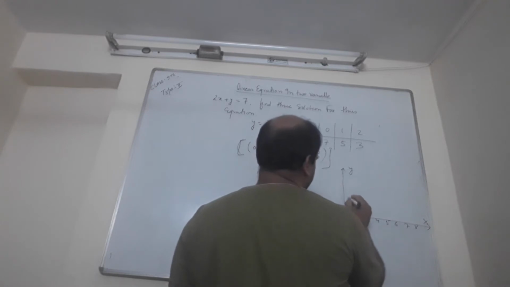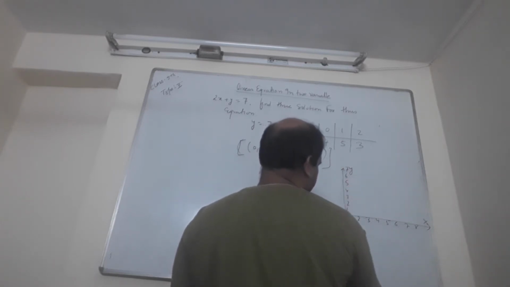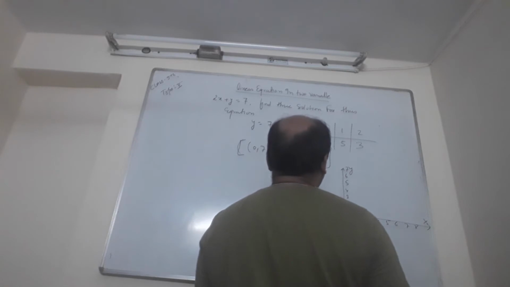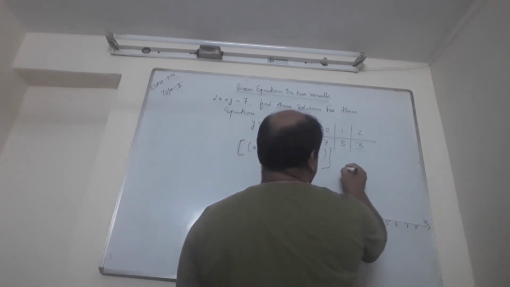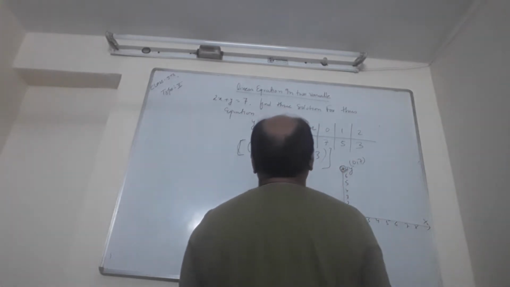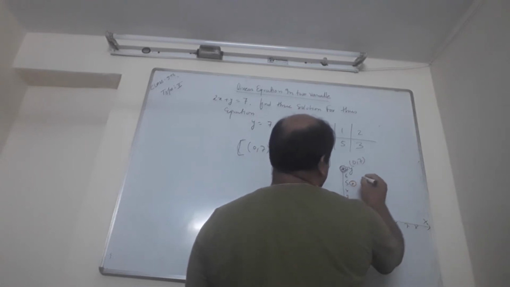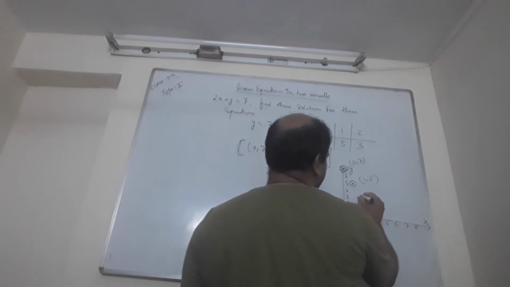Similarly on the other axis, 1, 2, 3, 4, 5, 6, 7, and here also minus 1, minus 2, minus 3, minus 4, minus 7, like that. Now putting this, x is 0, then y is 7, so 1 point will come over here, that is 0, 7. Then x is 1 and y is 5, so we will mark it over here. And second, x is 2, then y equal to 3.